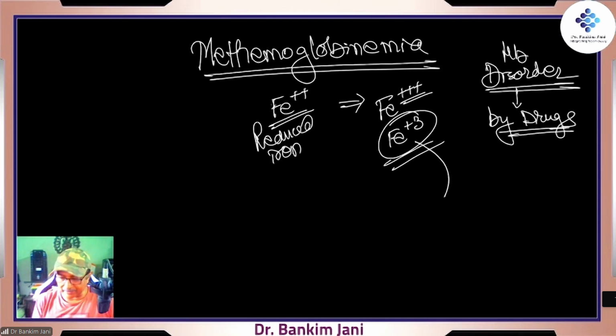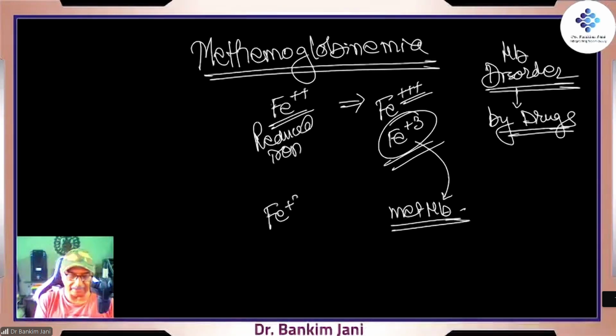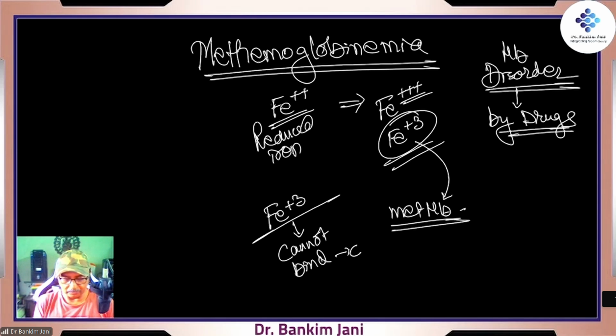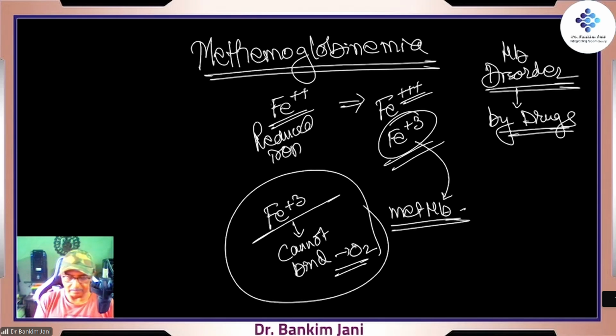When this Fe3 is present, that is called methemoglobin. The trouble is that Fe3 has got no affinity for oxygen. It cannot bind, so such hemoglobin is useless.